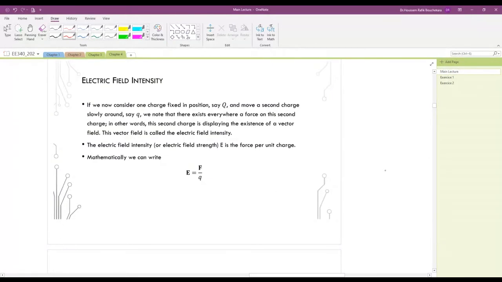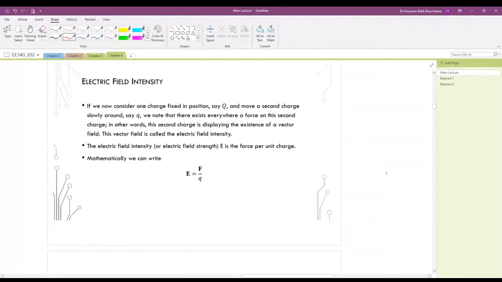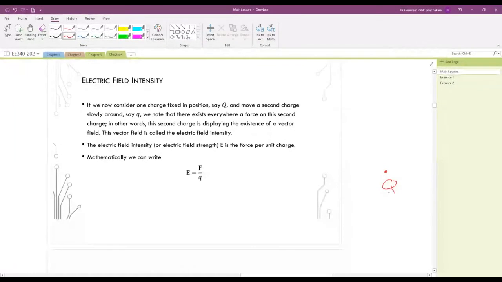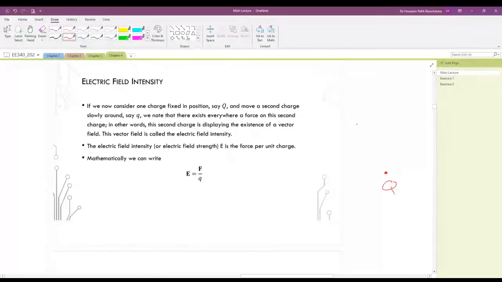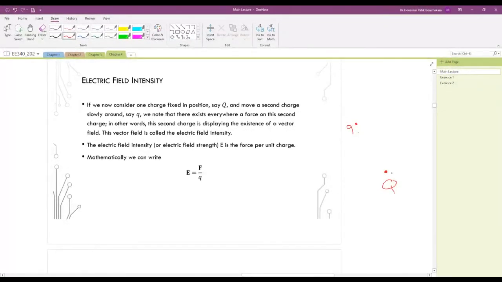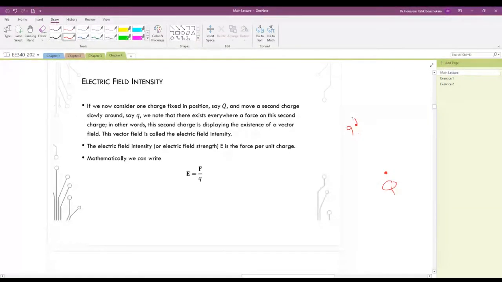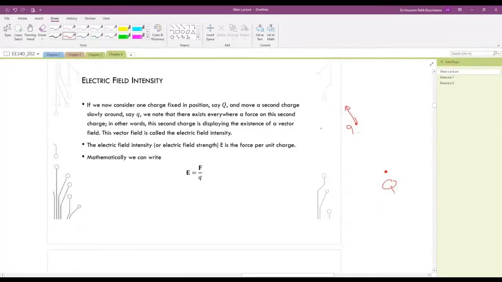طيب تخيلوا معي يا شباب انه we have a charge here which is Q, a fixed charge, and I have a moving charge. This is charge Q. طيب, if Q is here, so what is the force between capital Q and small q?